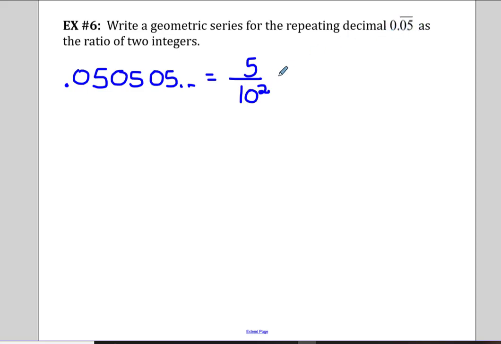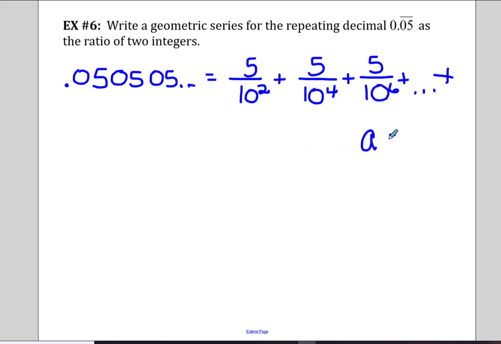Then if we go to the fourth decimal place, we get 5 over 10,000ths, or 10 to the fourth power, and then 5 over 10 to the sixth power, and you can see that pattern develop as we go on. So our a sub 1 term is 5 over 100, and our ratio is 1 over 100, or 1 over 10 squared.